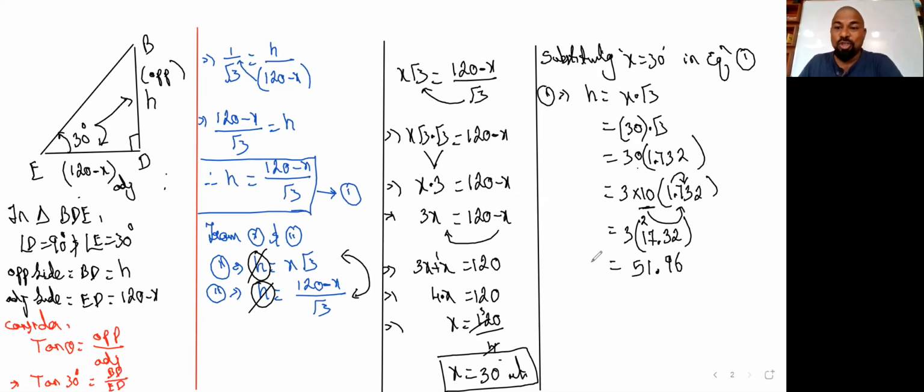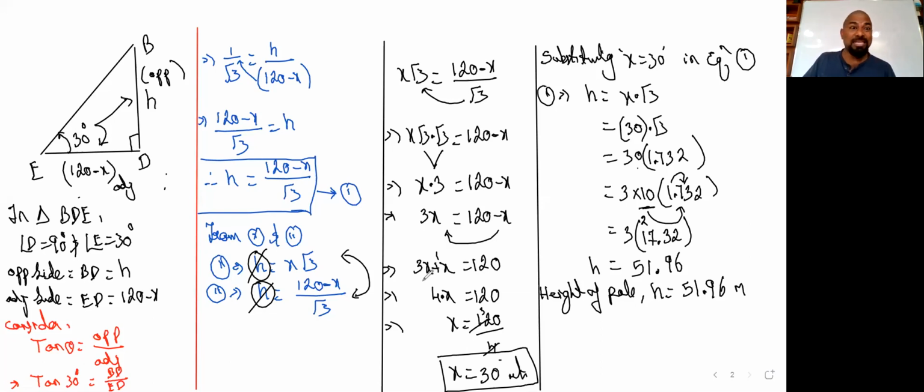I'm sure of that. So what's the height of the pole? Height of the pole, h is equal to 51.96 meters. Fine, we got it.